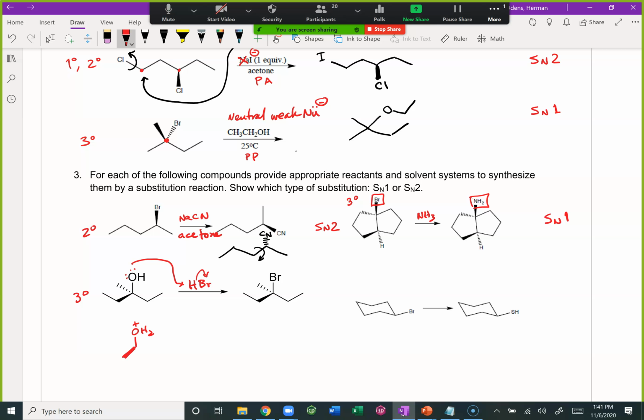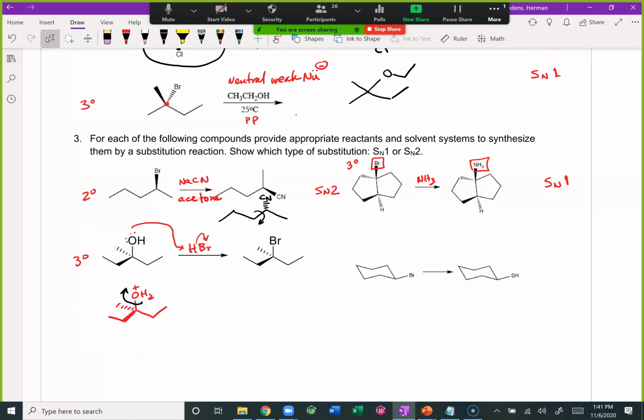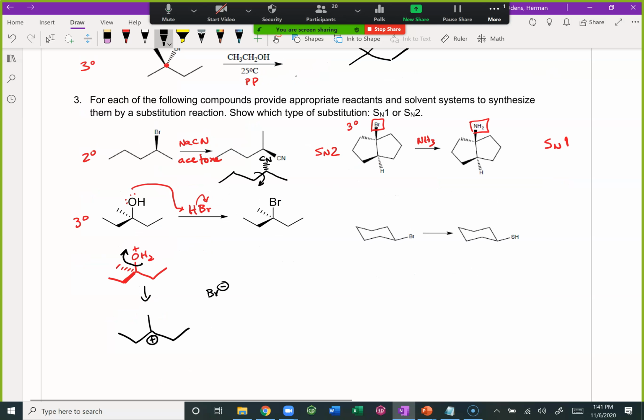And this guy just simply leaves, and then it makes this flat carbocation. And then the bromine that was kicked off looks at it and says, aha, I can attack you from the top or from the bottom.